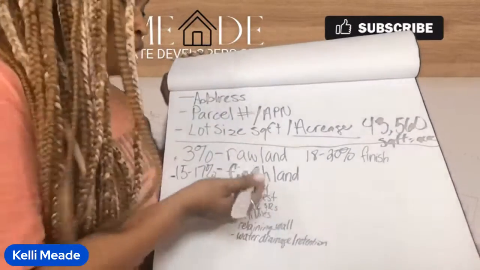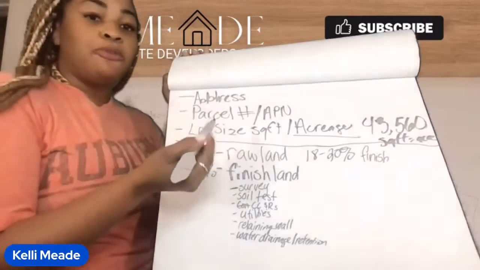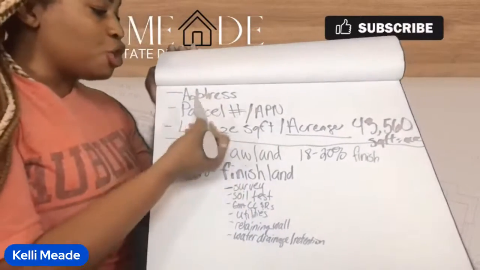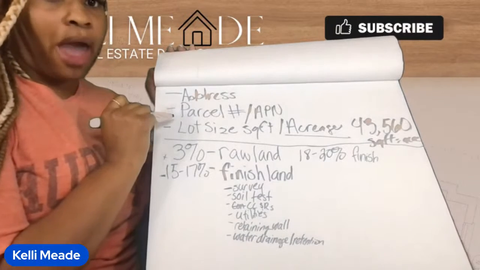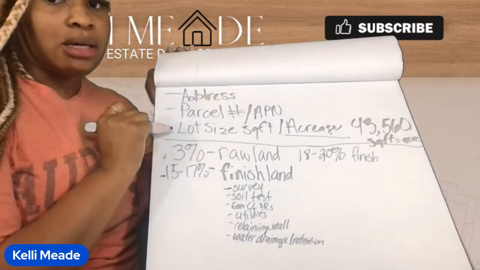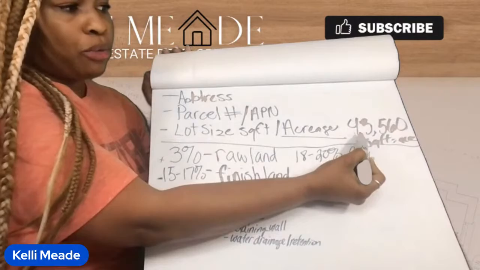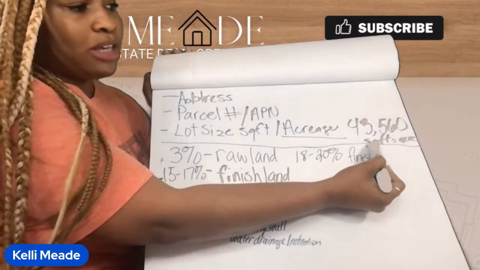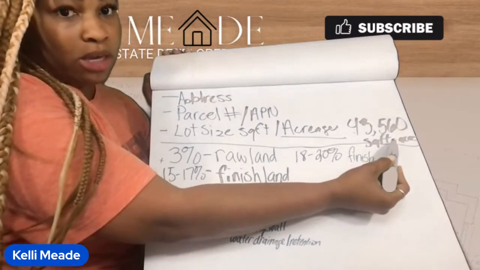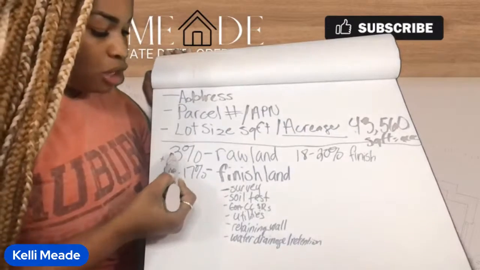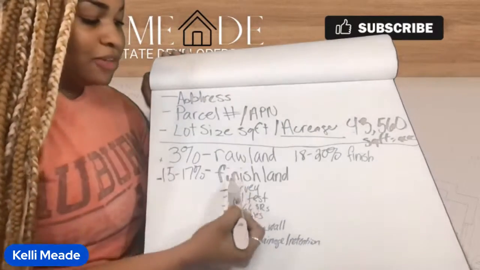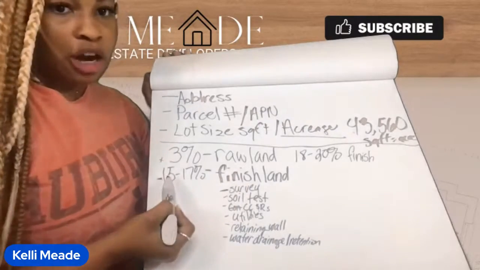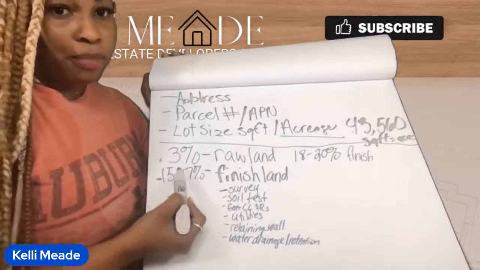So these are the things you're going to need to know. I know this is like chicken scratch, but let's just review this before we go back over it. You want to have the address or the parcel number. Okay. You need to have the lot size. You need to know this number, which is what square footage 1 acre is. And then you need to understand if the lot is finished or if it's raw land, because that determines how much you should add in your budget.